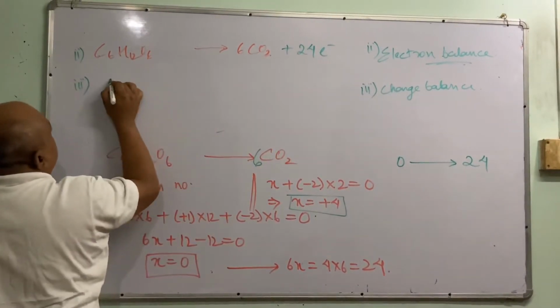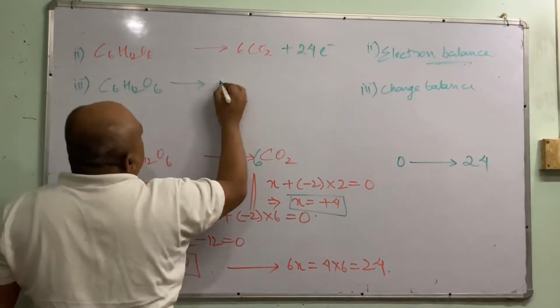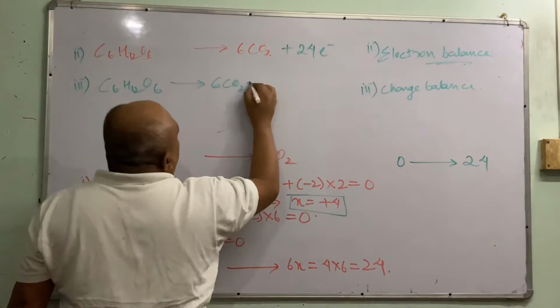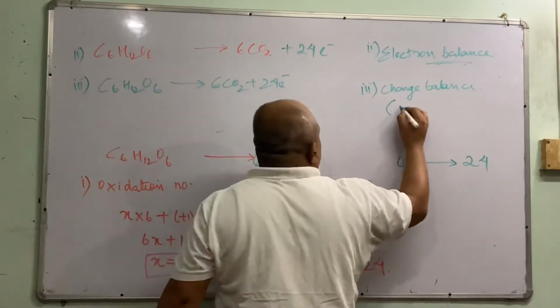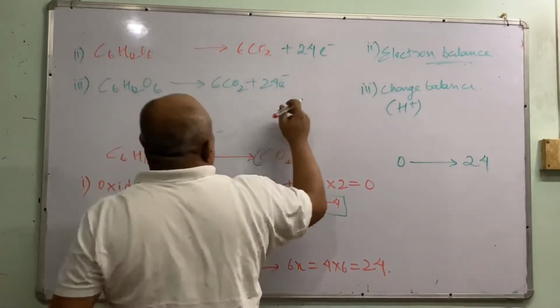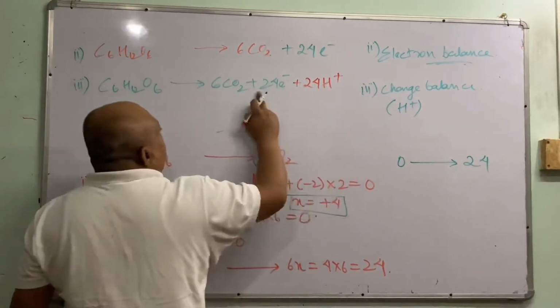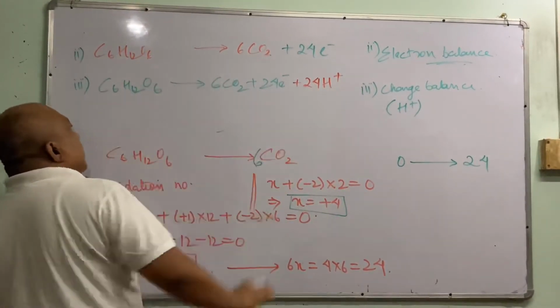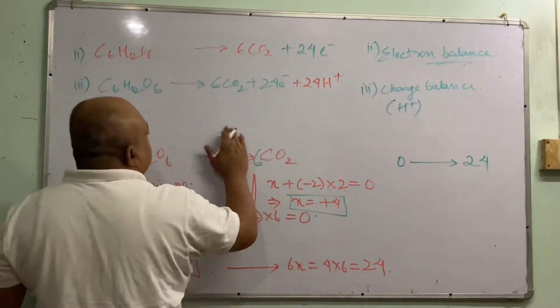So the equation becomes C6H12O6 gives 6CO2 plus 24 electrons. And the charge balance should be done by protons, hydrogen ions. So plus 24H plus. So 24, there is no charge. So till equation number 3, oxidation number is balanced, electron is balanced, and charge is also balanced.